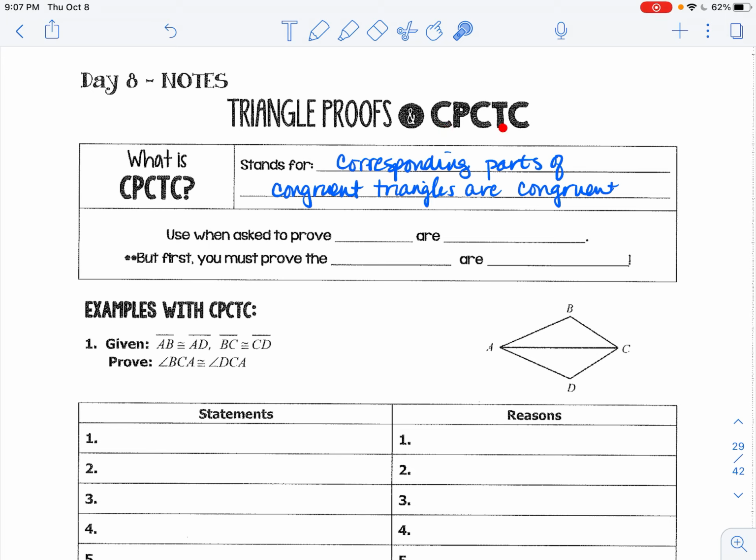Use it when asked to prove parts are congruent. But first, you must prove the triangles are congruent.